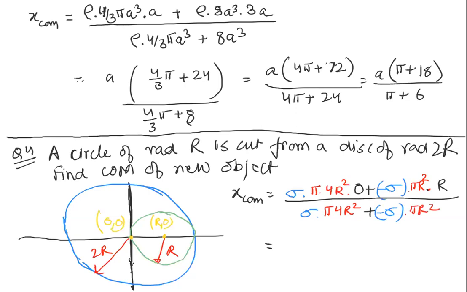So this will be equal to, ऊपर तो जीरो है, सिग्मा कैंसिल हो जाएगा, आर स्क्वायर कैंसिल हो जाएगा, पाई कैंसिल हो जाएगा. So I will get the answer as minus r by 3.